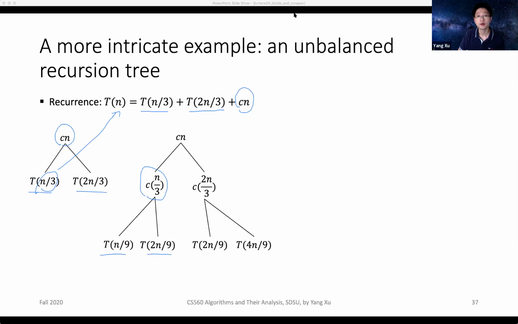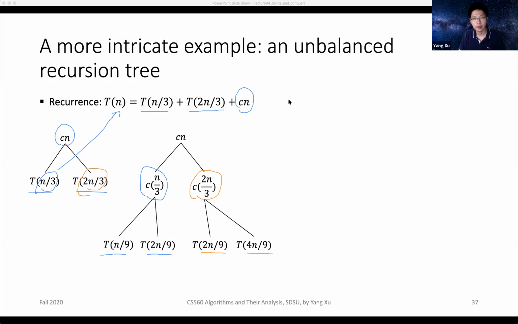The values on the right are different because the value here is 2 times n over 3, so the node here is c times 2 times n over 3. And the values here are also different. This one will be 2 times n over 9, and this one will be 4 times n over 9. That's the result of substituting these values into the recurrence.